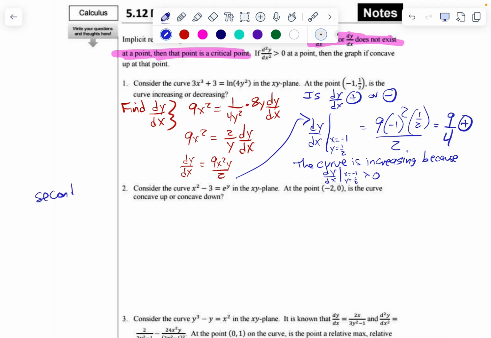But what has to be true first? F prime has to be 0. Okay. So f prime, we don't have an f, but let's just keep using that language, has to be 0 first. Then we can do that. So go ahead and I'm going to give you 2 minutes to take both derivatives. So first and second derivative of this curve.